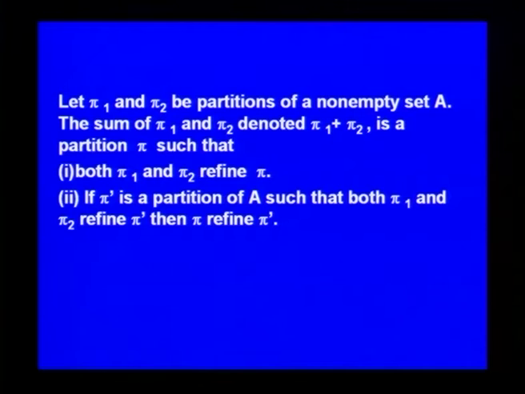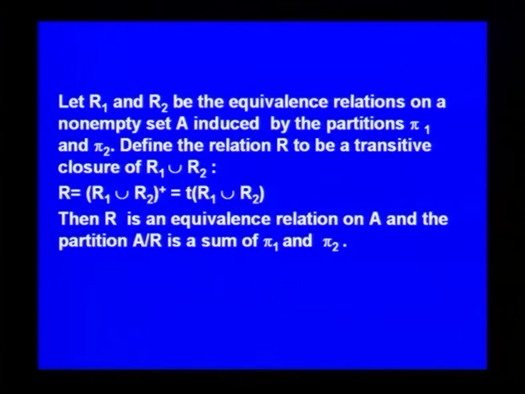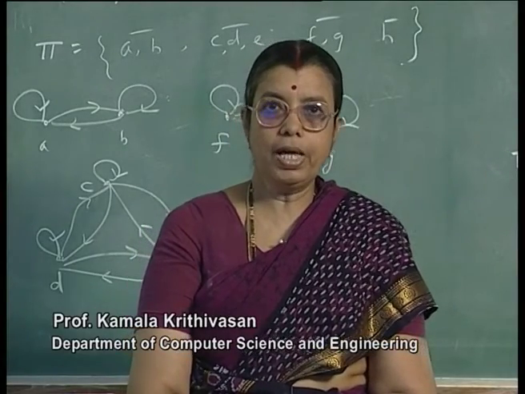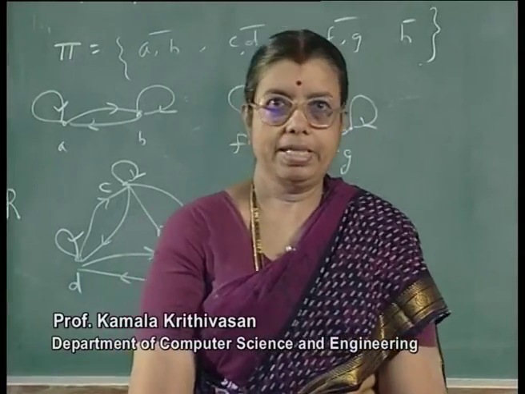And what is the connection between these equivalence relations? Let R1 and R2 be the equivalence relations on a non-empty set A induced by the partitions pi 1 and pi 2. Now, we have seen that R1 and R2 are equivalence relations, but R1 union R2 need not be an equivalence relation.